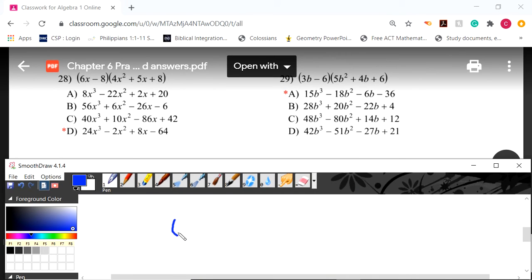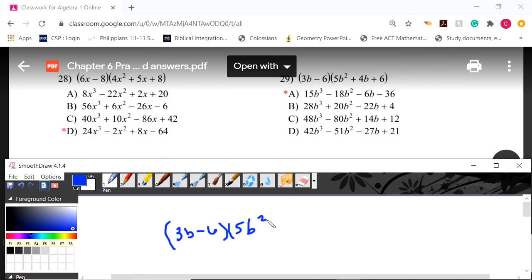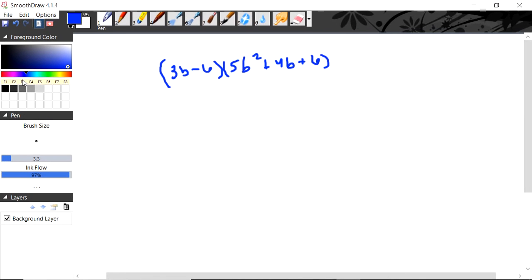Okay, so let's do another one. Make sure I have enough room. There's a lot of work here. All right, remember we want to FOIL these.